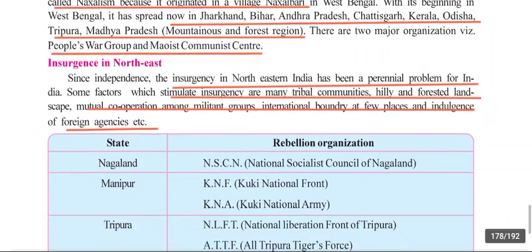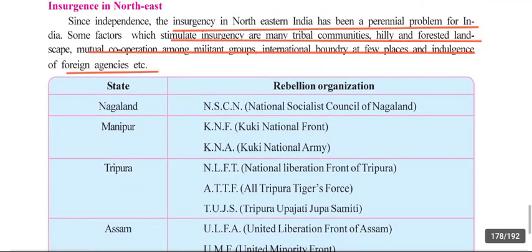Insurgents in Northeast. Many groups in the Northeast regions, we call it the Seven Sisters, the small seven states, like seven states in a cluster-like formation in the Northeast region of India. There are many groups wanting separate nations for themselves, and we call them insurgents. It's a very big problem for India for many years.